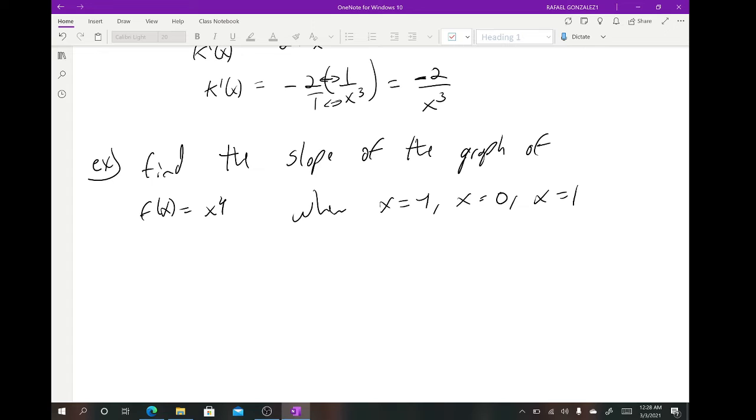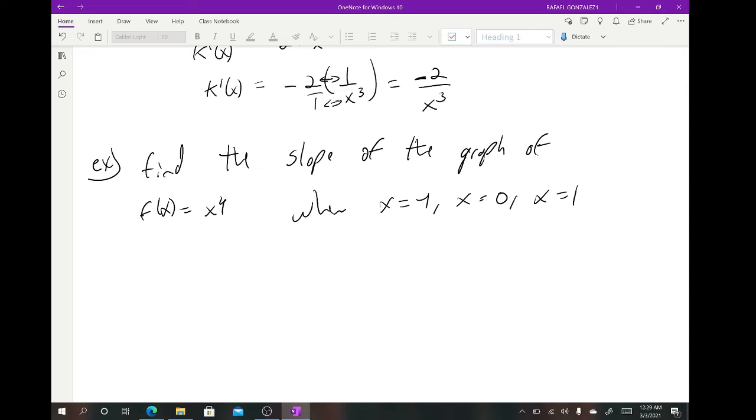Remember that the derivative gives you the slope of the tangent line at a particular point. Always keep that in mind. That we learned from lecture 8. The derivative tells you the slope of the line of the function at a particular point.